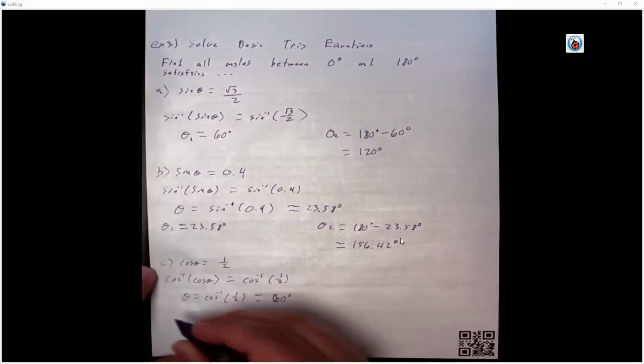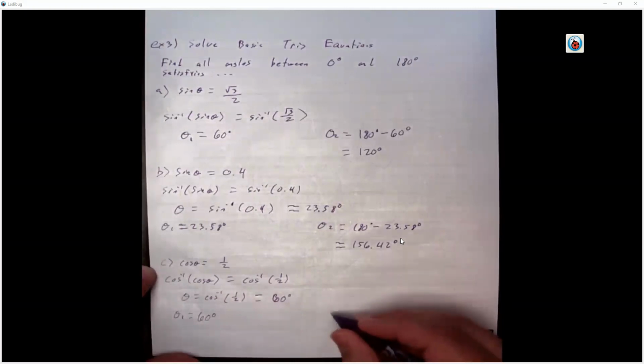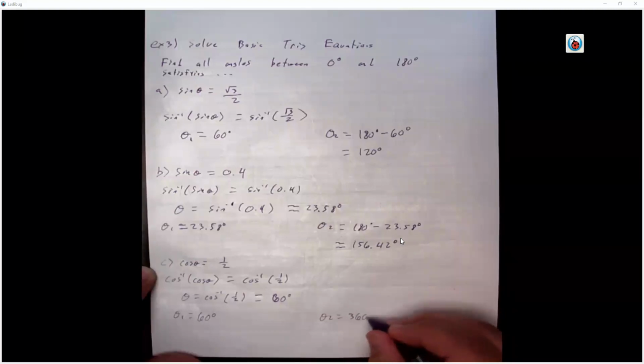So this is theta 1. If they wanted theta 2, you would have to subtract from 360 for cosine.